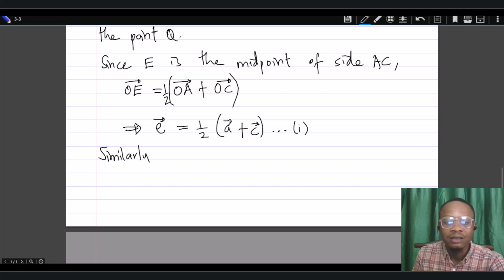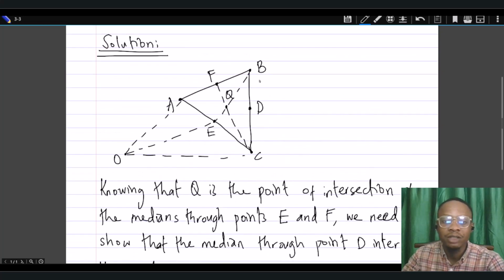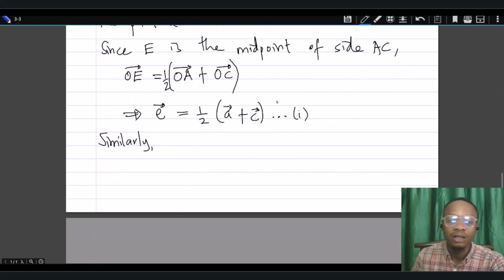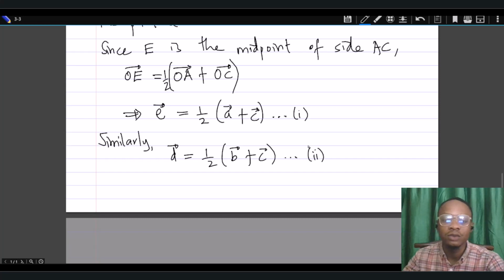D is the midpoint of B and C, so we can write that vector D, the position vector for D, will be equal to 1 over 2 into B plus C. We can keep that as equation 2.